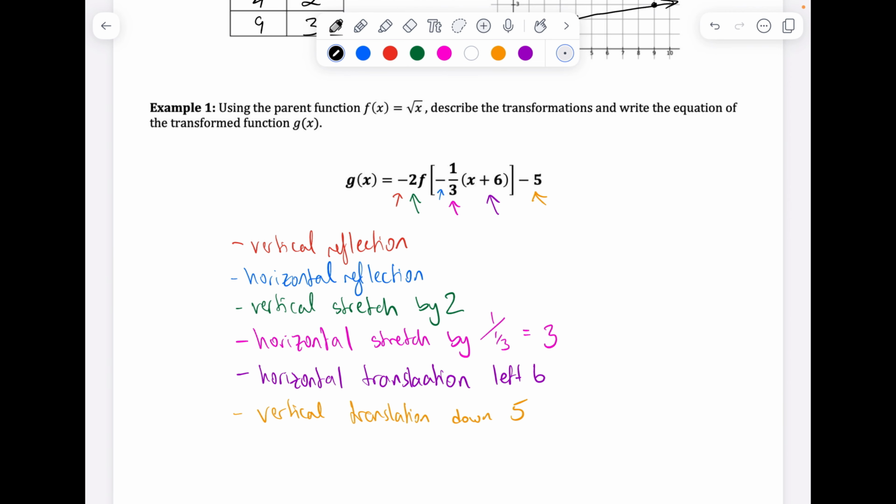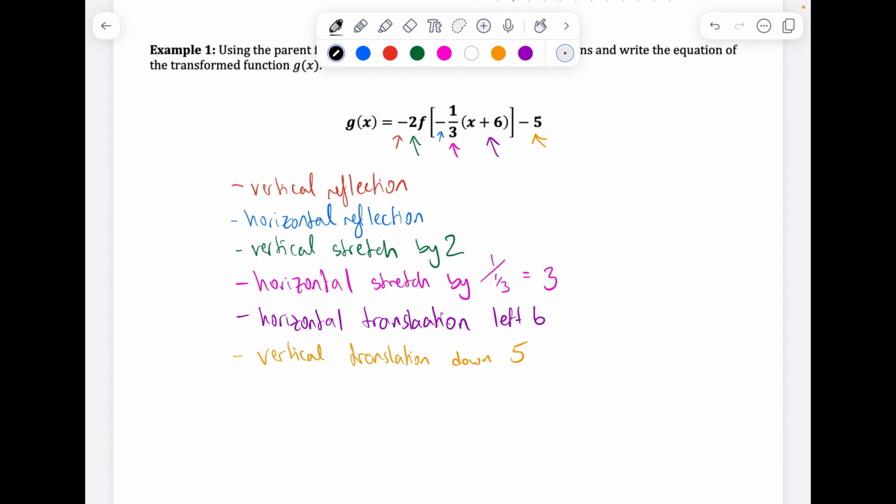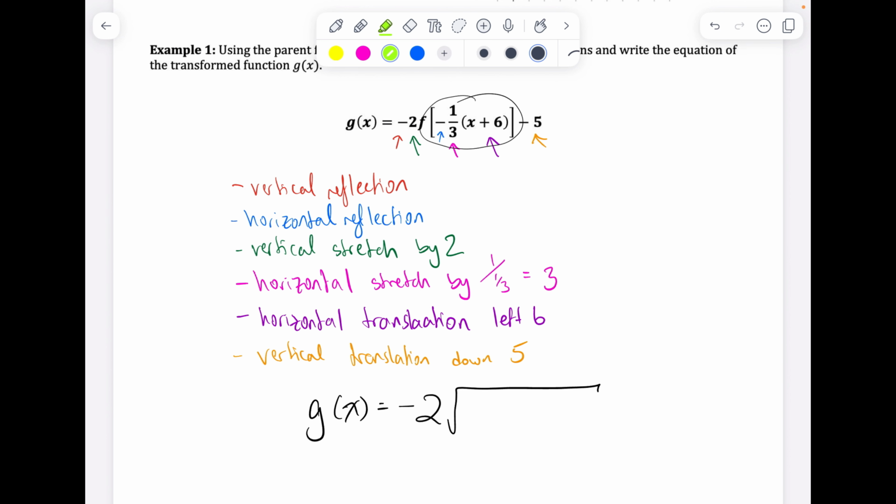So let's look at turning this into an equation. So g of x is, now the whole function is multiplied by -2. So there's my reflection and stretch by 2. And then instead of the f and then this whole function, I'm going to use our square root function. And instead of just x, we're going to have all of that stuff happening. So -1/3 x plus 6.